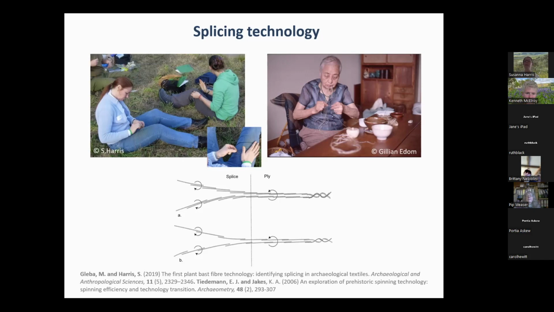So this is a technology we can talk of as splicing. And these diagrams are me trying to show these different ways that multiple strips of plant fibre are then twisted together, first in individual single strands and then plied into these multiple strand groups.